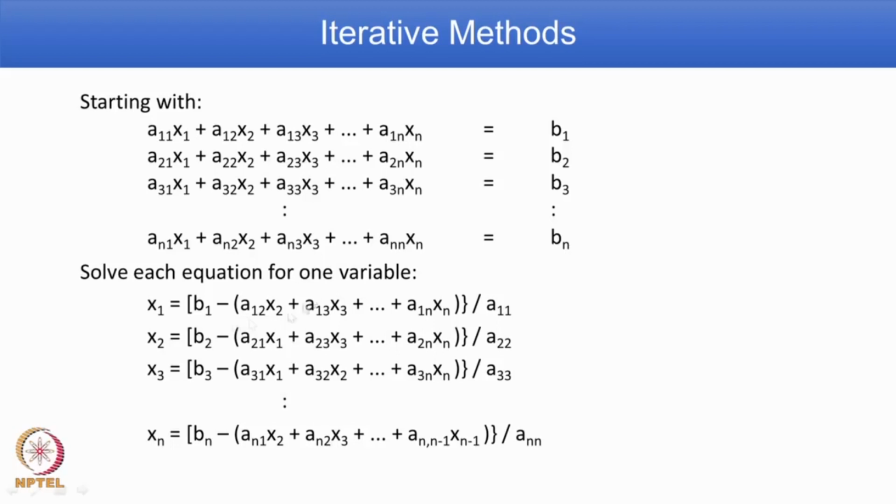So, x 1 is to be determined, and all other terms in the equations are brought to the right side as shown here. In this, values for x 2, x 3 all the way up to x n are from the guess value or from the previous iterated value. So, you get approximate values for x 1. Now, we go to x 2 and all the way up to x n.